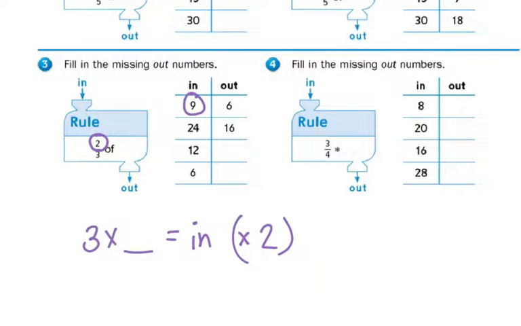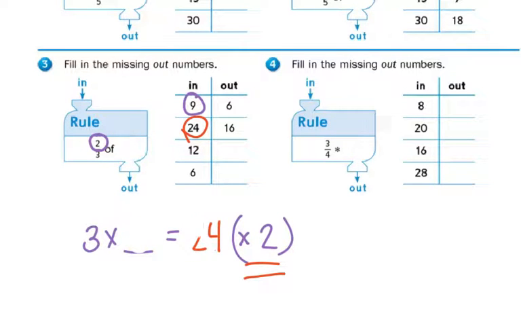In is 9, so 3 times what gives me 9, which is 3, and then we multiply it by 2 to get 6. The next number is 24. So 3 times what gives me 24? Well, 8 does, but then we have to take it times 2 because we have 2 groups.